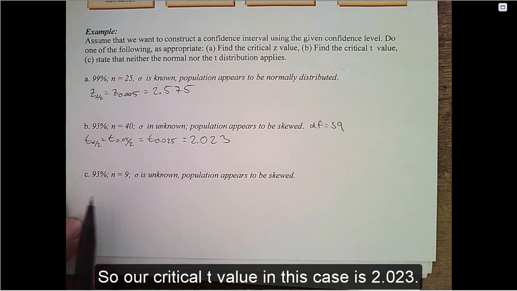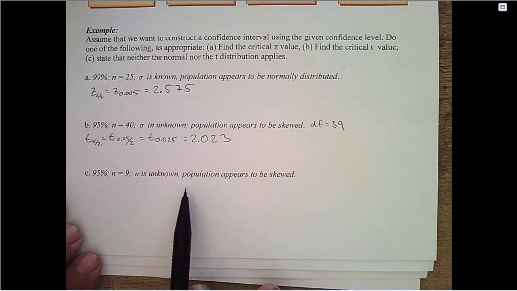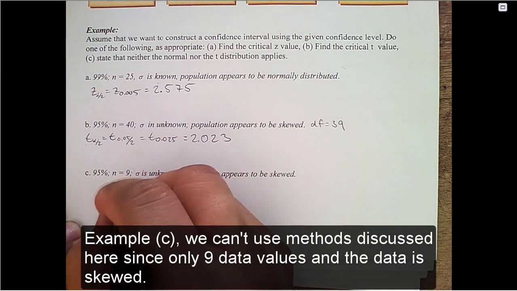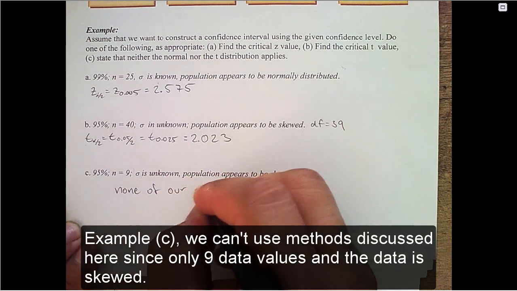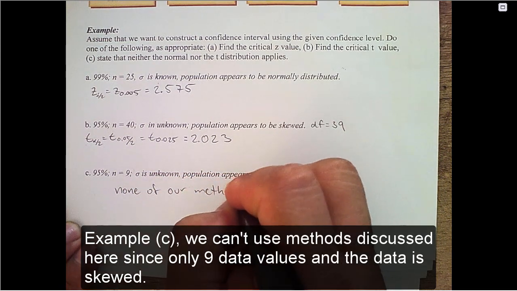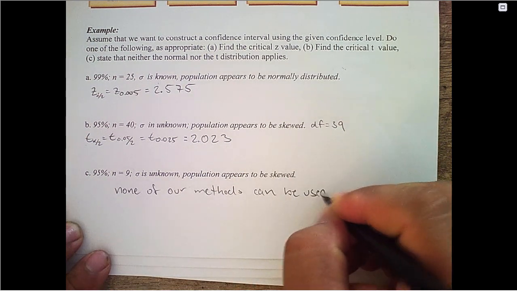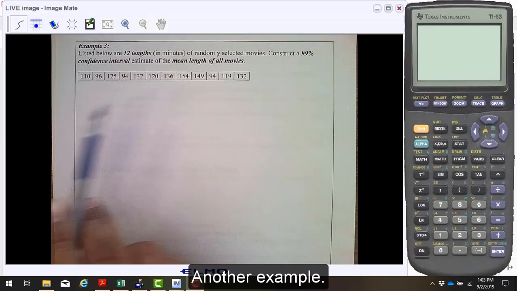So our critical t-value in this case is 2.023. Example C, we can't use methods discussed here since there are only 9 data values and the data is skewed. Another example.